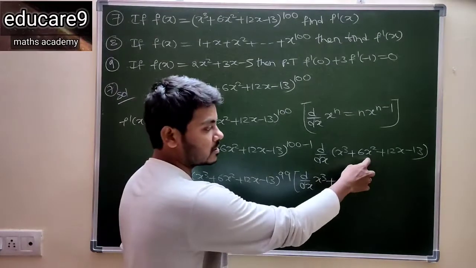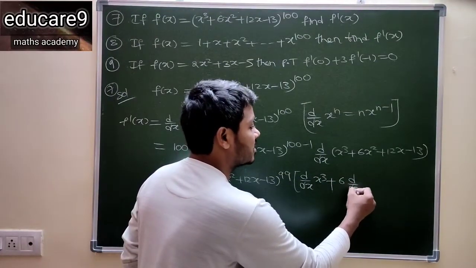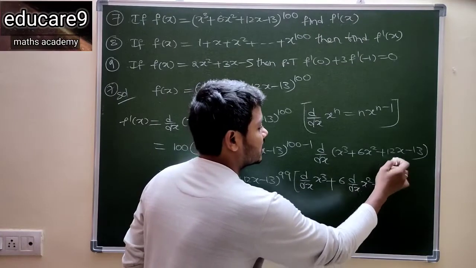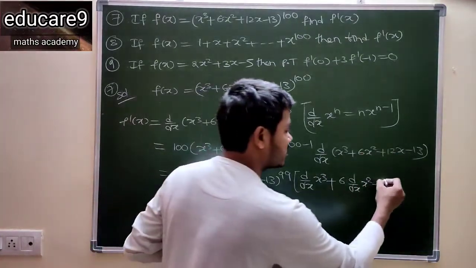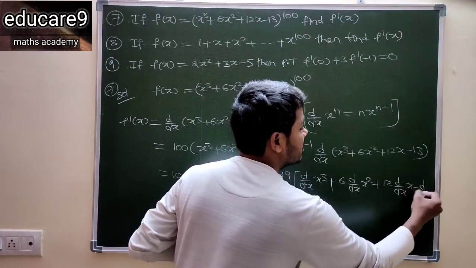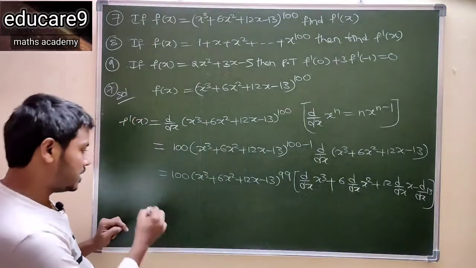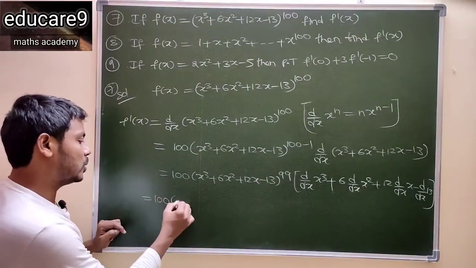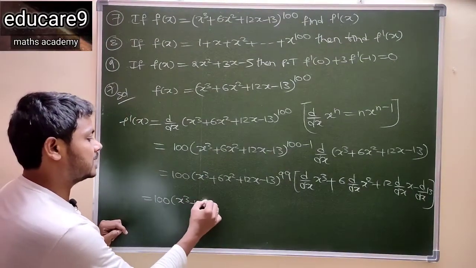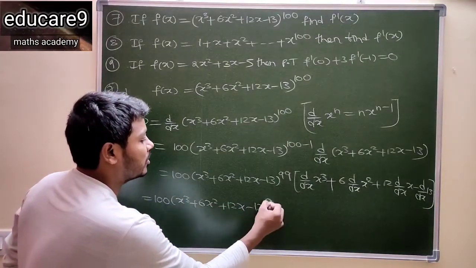Then the derivative of 6x square, write as 6 into d by dx of x square, plus 12x, which can be written as 12 into d by dx of x, minus d by dx of 13.